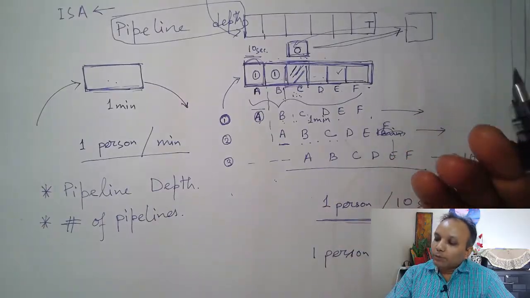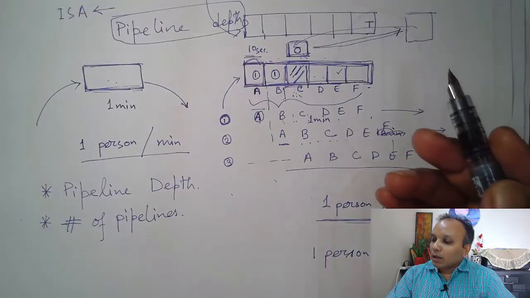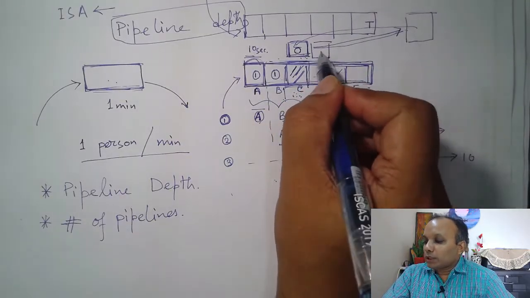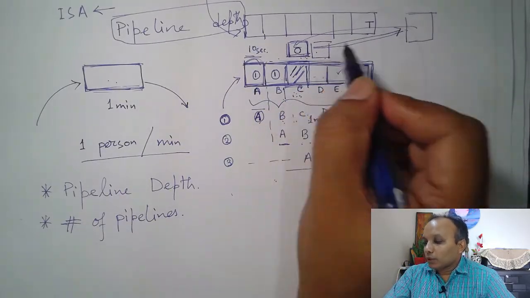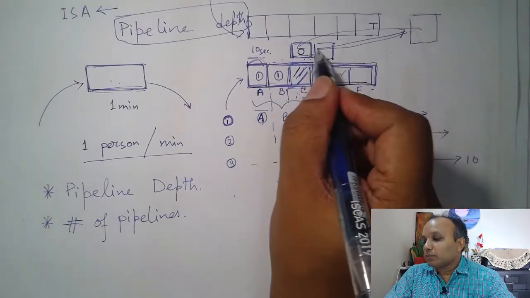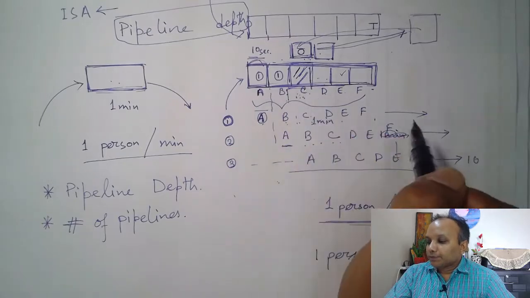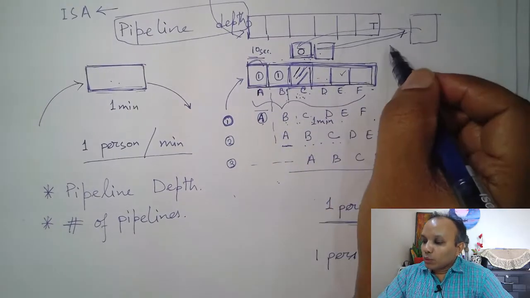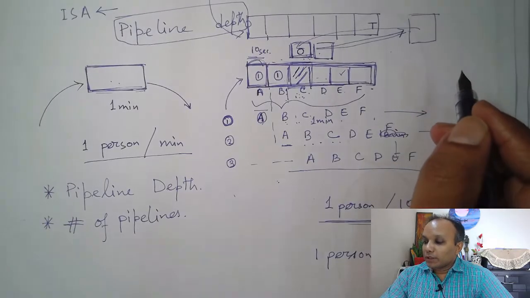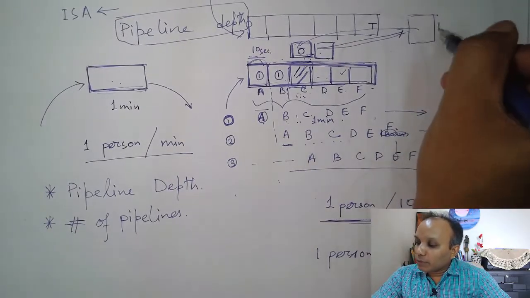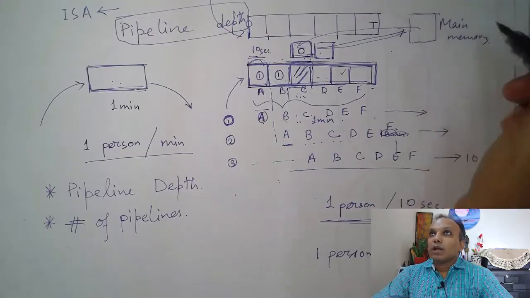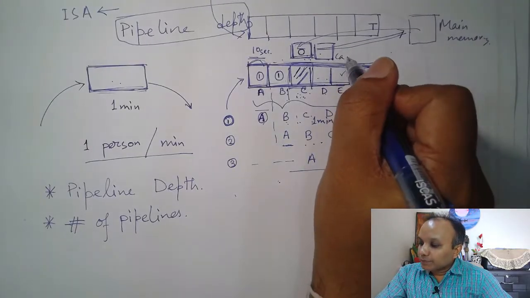Now how to address this issue of rushing to the store and getting the dough? One possibility could be, you give him the dough which he needs, so at least you constantly supply it, so that he does not need to rush every time a new person comes. So the appropriate analogy I am trying to establish here is, let us say this is your main memory, alright, and this is your cache.